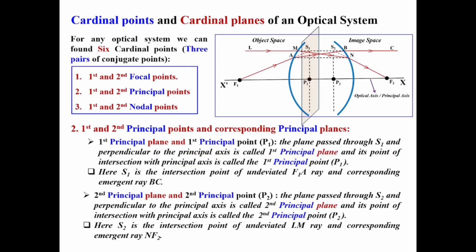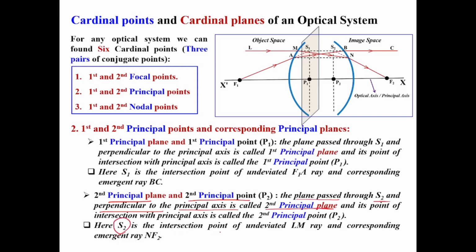Similarly, we are going to define the second principal plane and second principal point P2. The plane passing through S2 and perpendicular to the principal axis is called the second principal plane. What is the meaning? How to define S2?